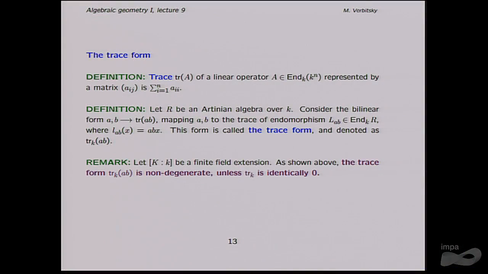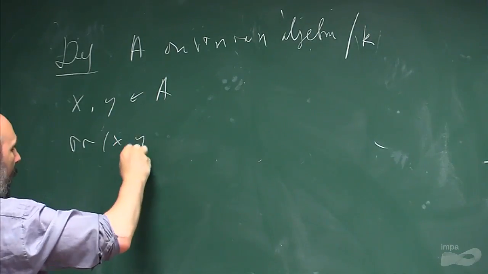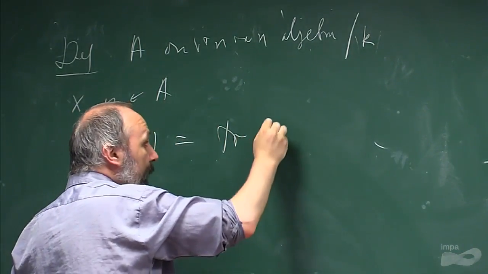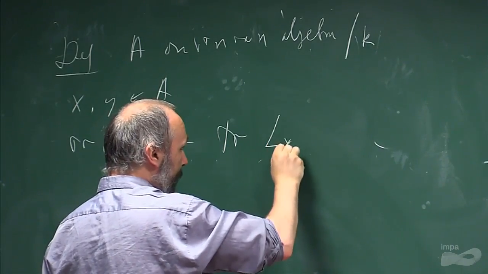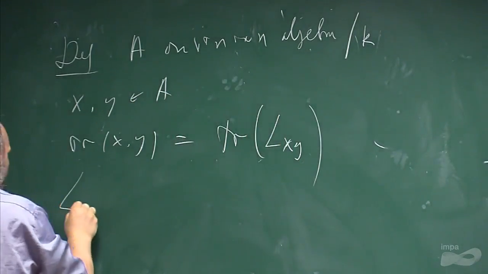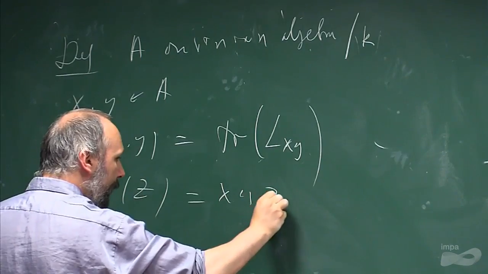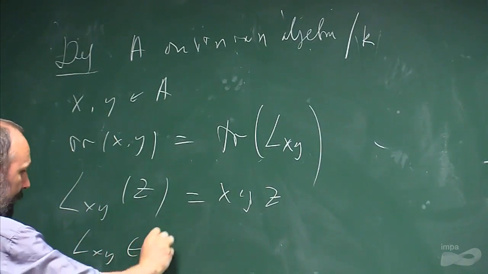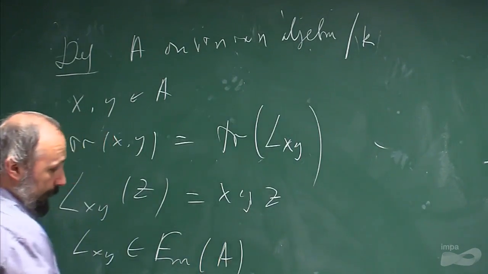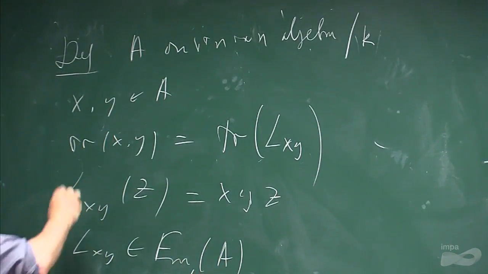So, definition: let A be an Artinian algebra over K. Then you have x and y inside A. The trace of xy is equal to the trace of the multiplication operator L_xy, where L_xy applied to z is equal to xyz, and L_xy is an endomorphism of A. A is finite dimensional, so this makes sense.